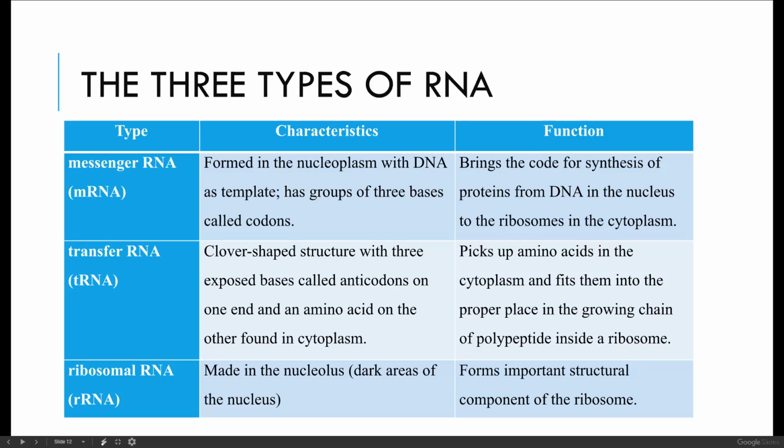Its function is to bring the code for synthesis of proteins from DNA in the nucleus to the ribosomes in the cytoplasm. And because it is a messenger RNA, it brings the code for the synthesis of proteins. What kind of protein is to be created?